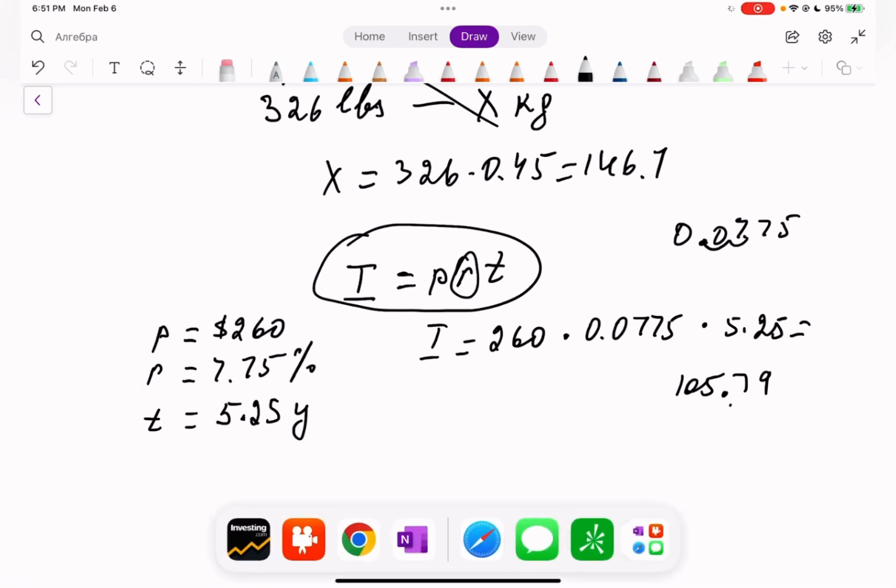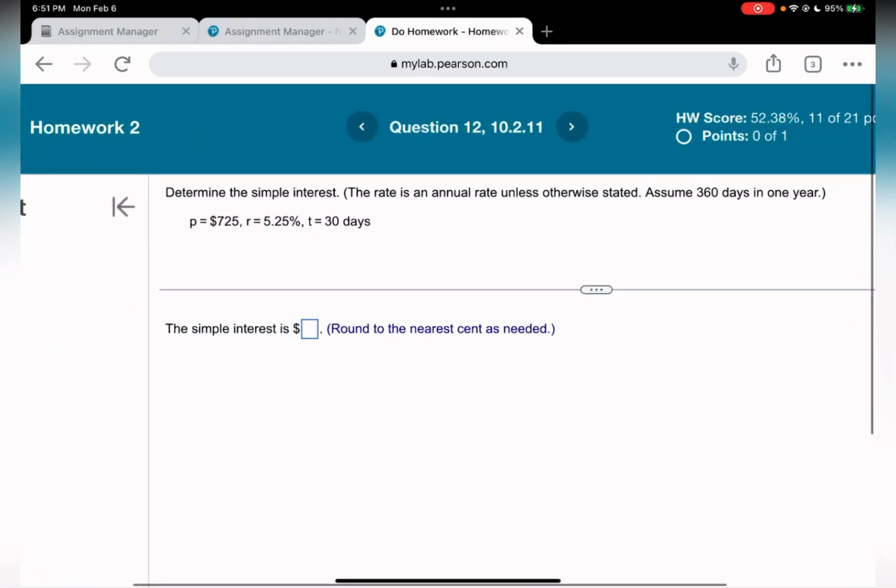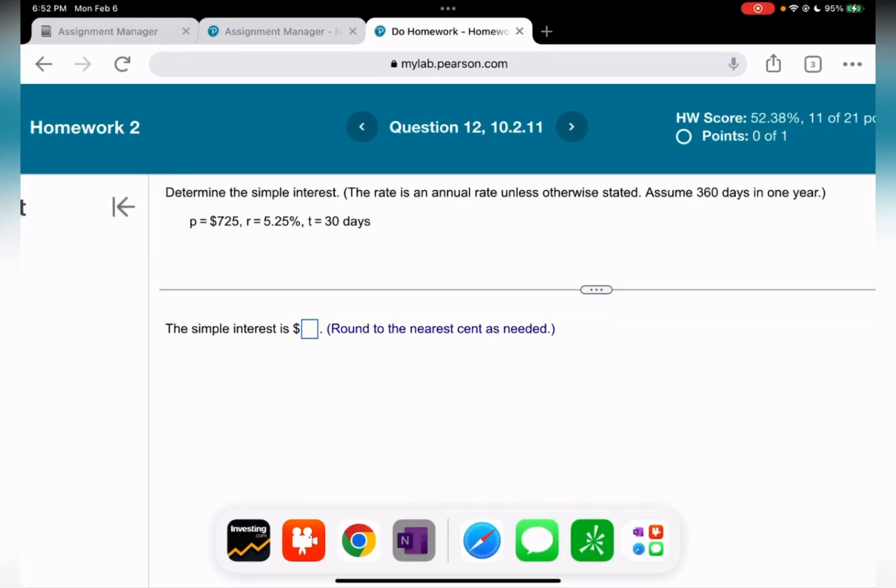So when we have something not annual, we determine the simple interest differently. The rate is an annual rate unless otherwise stated. 365 days in 1 year. Just so you know, banks always go by 360 days. They don't go by 365, just like we do as consumers. So let's do the math.